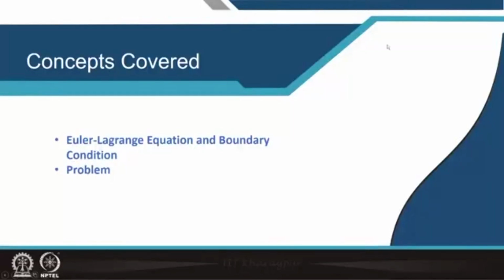With the help of the Brachistochrone problem, we found the Euler-Lagrange equation. Now, in this lecture, we will extend that and recapitulate a bit, and then we will try to solve one problem with this knowledge.